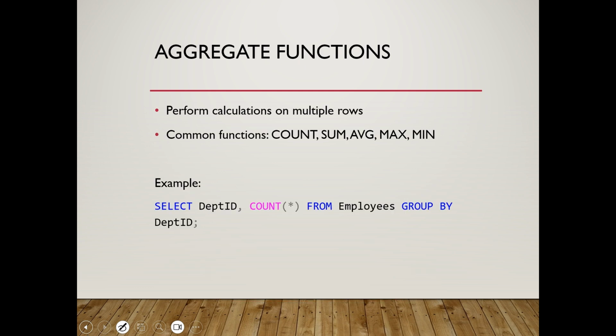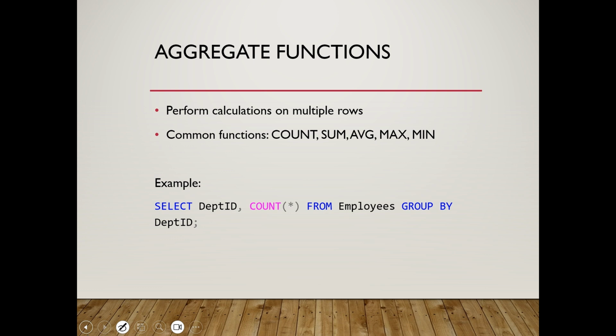Let's move to another super important topic, aggregate functions. These functions work on multiple rows and return a single summary value. The most used ones are count to count rows, sum adds values, average calculates the average, max and min for highest and lowest. So let's say you want to count how many employees are in each department.